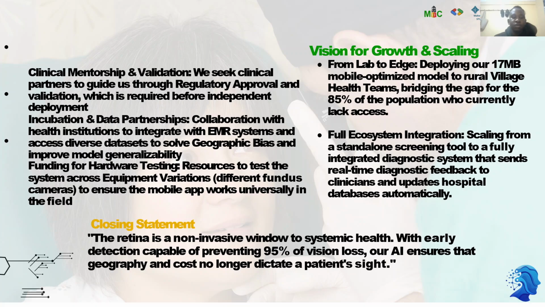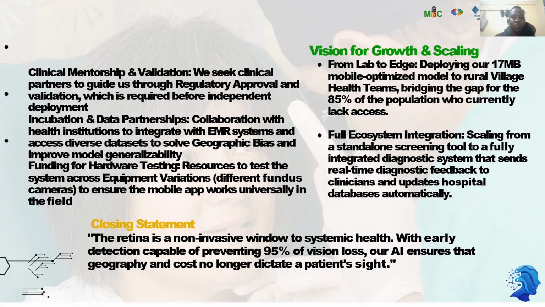So our vision for growth is scaling from lab to edge, deploying our 17 mobile optimized model to rural villages. Then, of course, we have clinical mentorship. These are the future prospects. Then we look at incubation and data partnerships, collaboration with health institutions to integrate with EMR systems.